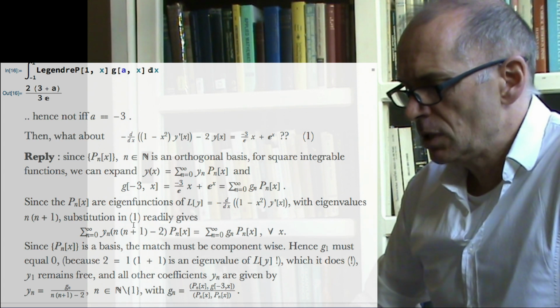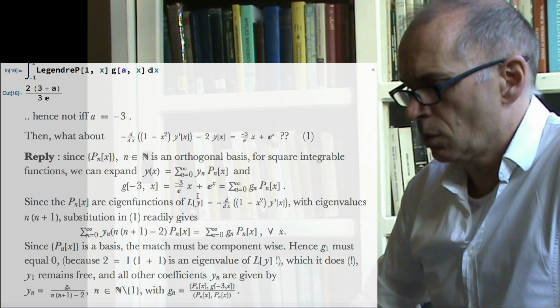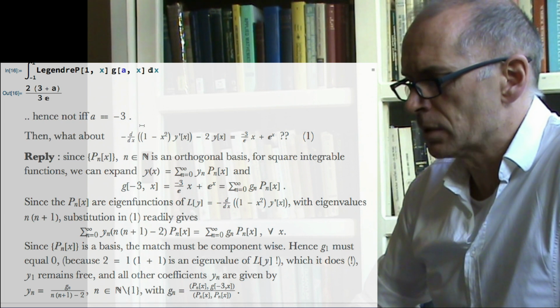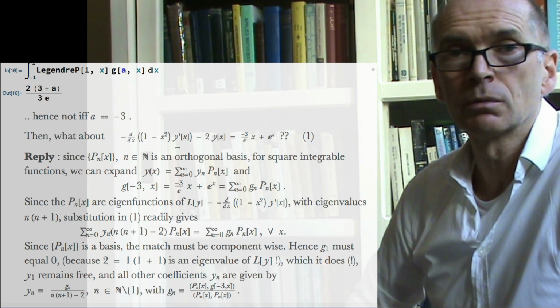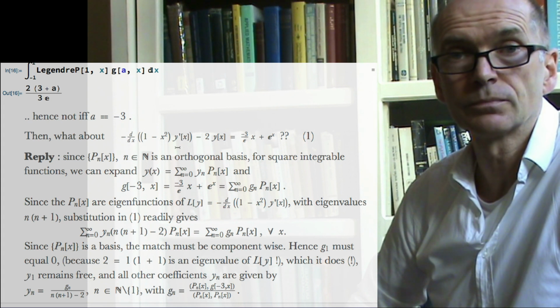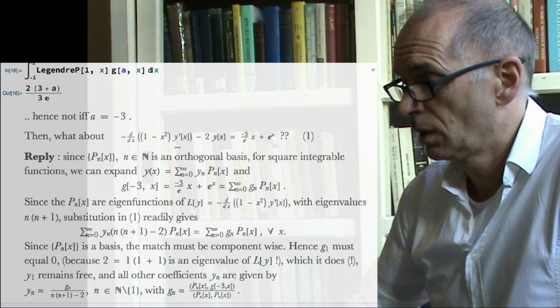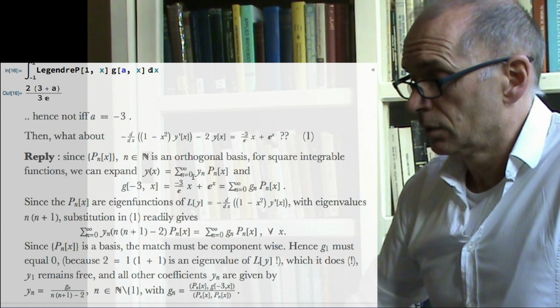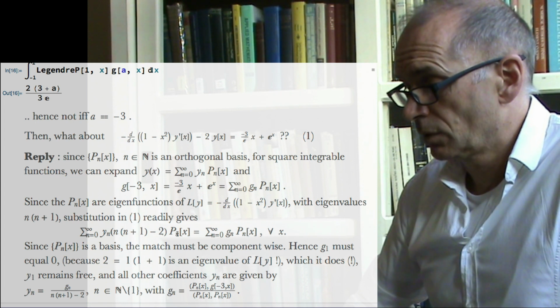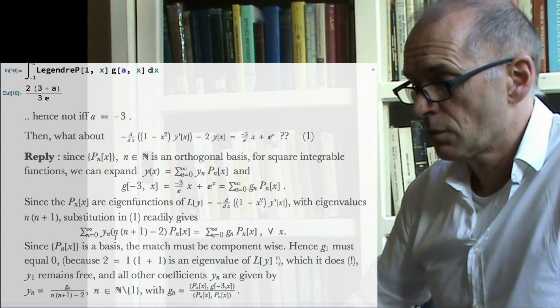And that information tells you very easily, if you substitute this y into that operator, the operator is complicated, but the result is very simple. That is just n times n plus 1 times that coefficient times the Pn. This is the eigenvalue.